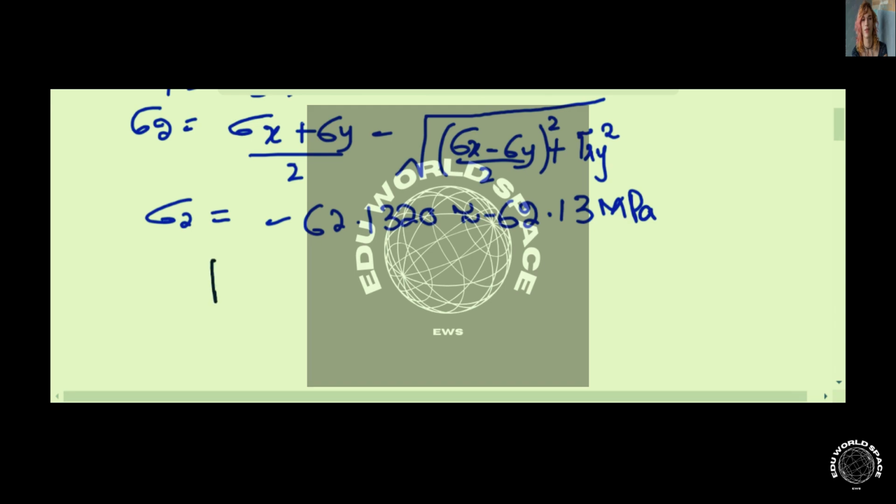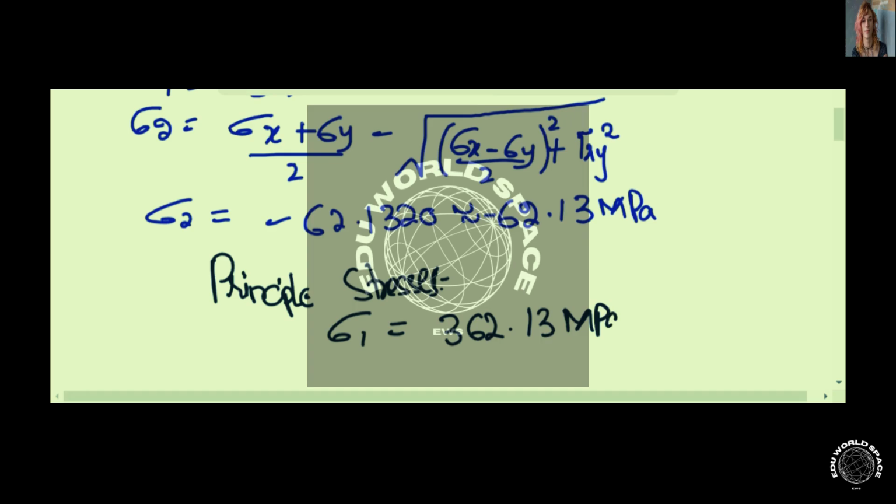So now that we have the principal stresses, let me just write them once again in a combined form, right? Sigma sub 1 is equal to 362.13 megapascals, and sigma sub 2 is equal to negative 62.13 megapascals.